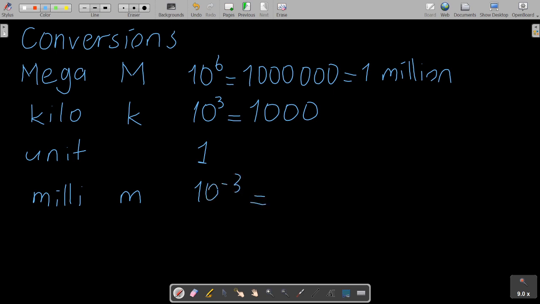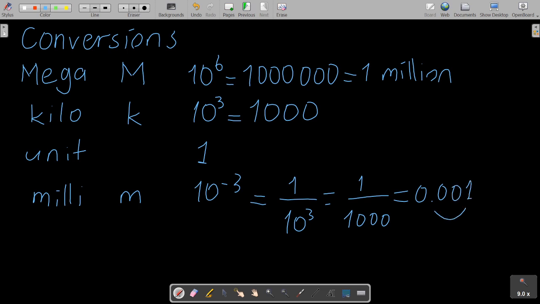So whenever there's a minus power, like here, what we do is, we can write it like this. Get rid of the negative power, but put it in the denominator. So this is 1 divided by 1000. Another way of writing it is 0.001. Okay, so 1 is in third place after the point.